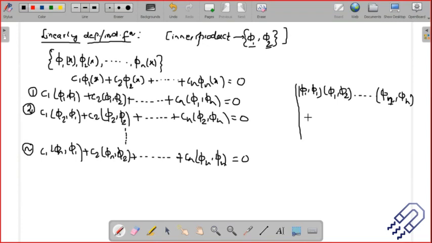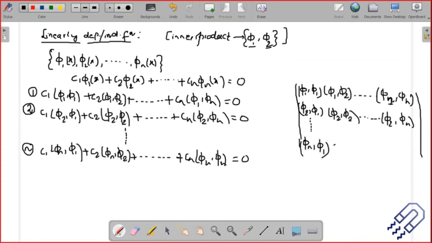And the second row would be phi2 phi1, and then phi2 phi2, and then phi2 phi n, and then we have the nth row, which is phi n phi1, phi n phi2, and up to phi n phi n.